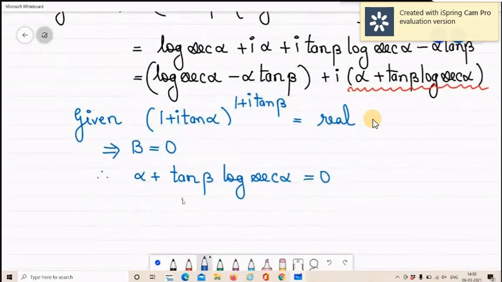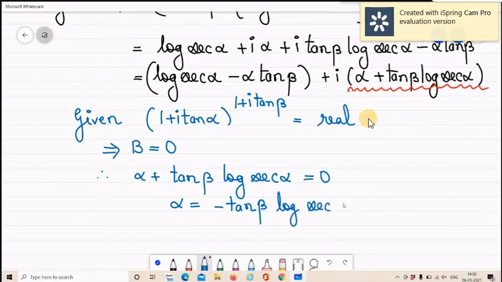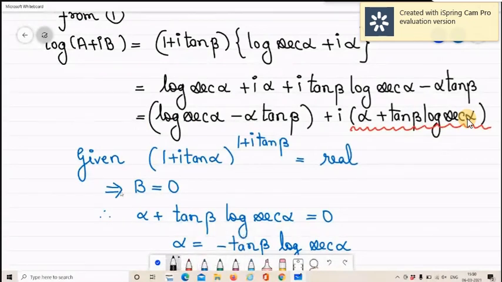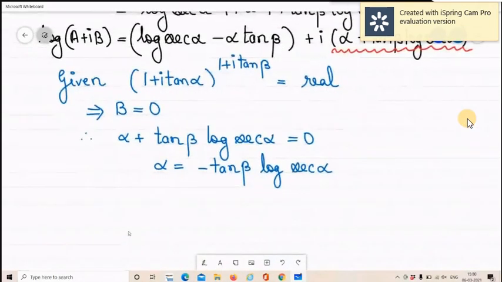That relation is alpha is minus tan beta log of sec alpha. Is that clear? So this is what we have. We will not take e to the power yet, we are coming to that. We have not completed. I just got a relation.